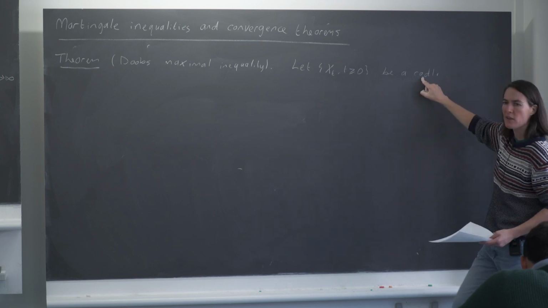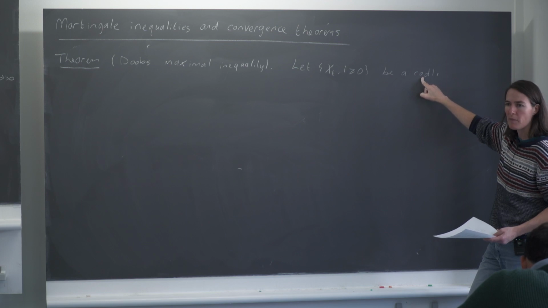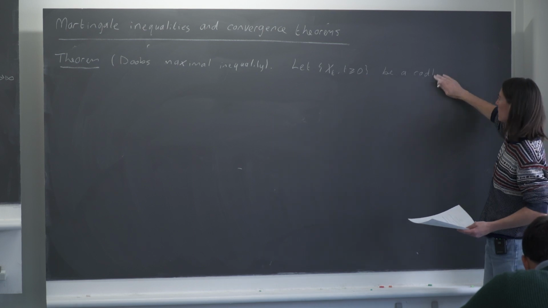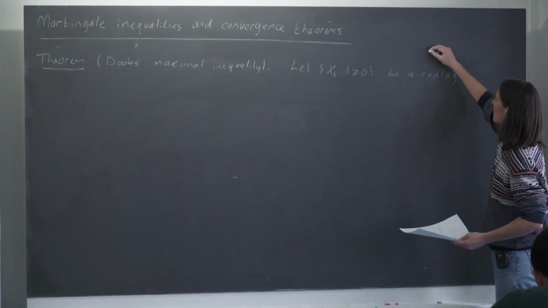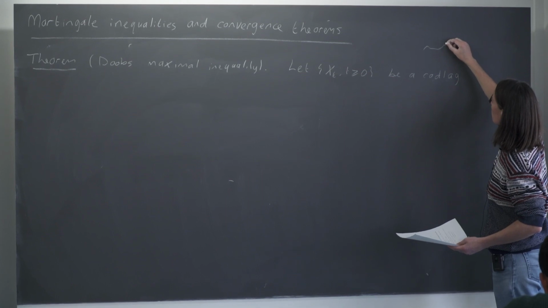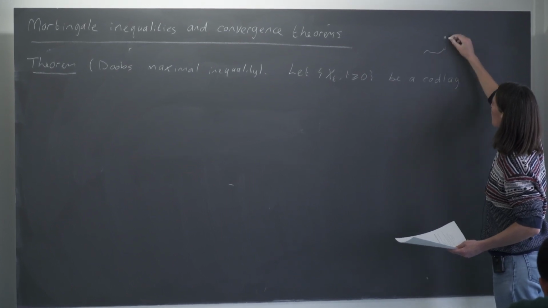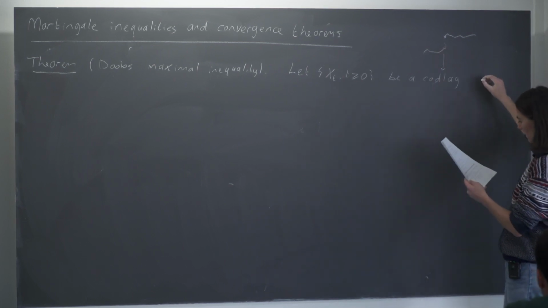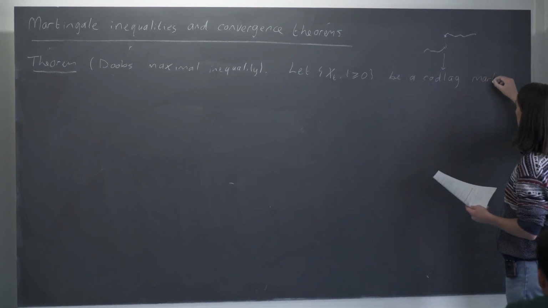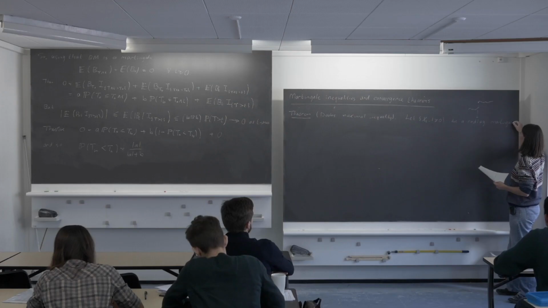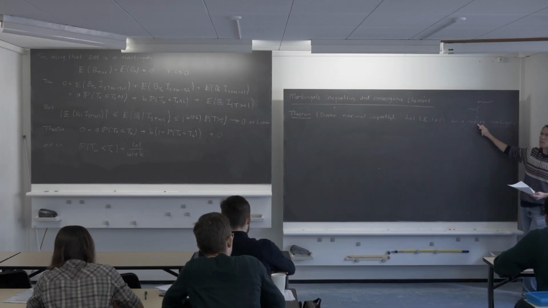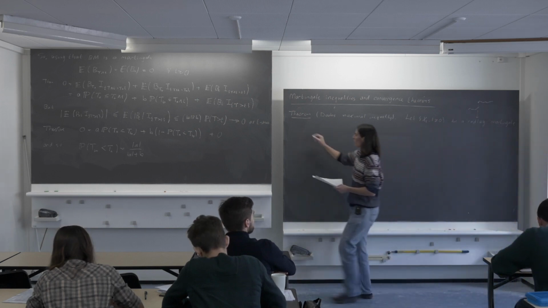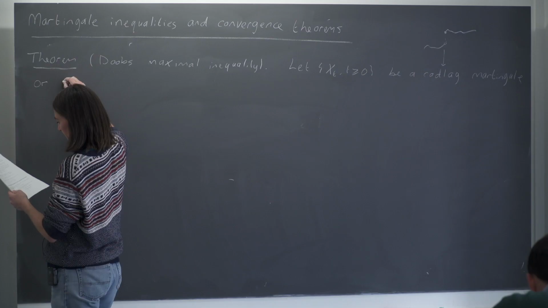So this is right continuous with left limits. If you want, you can just replace this with continuous, but the result is a little bit stronger than that. It just allows you to have processes which can have a jump and then they're right continuous. It's from the French, continue à droite, limite à gauche. So we've got a càdlàg martingale, or it can be a non-negative sub-martingale.